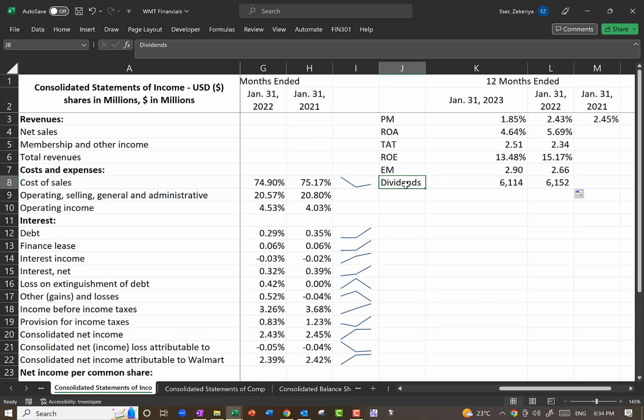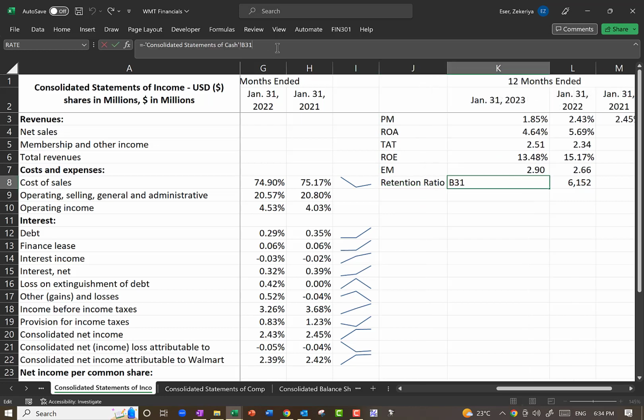Or let's do this. Let's call this retention ratio. Divide the dividends by net income.